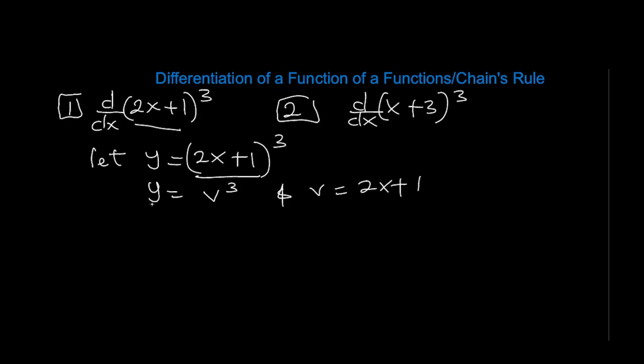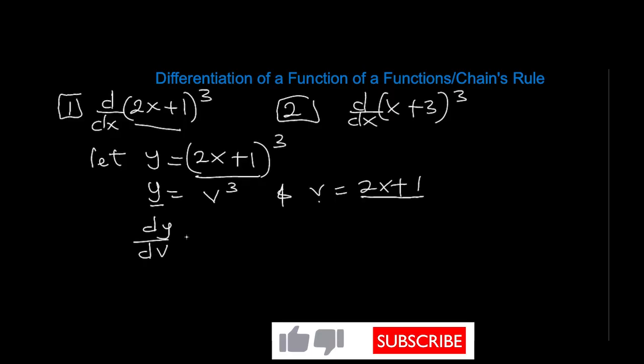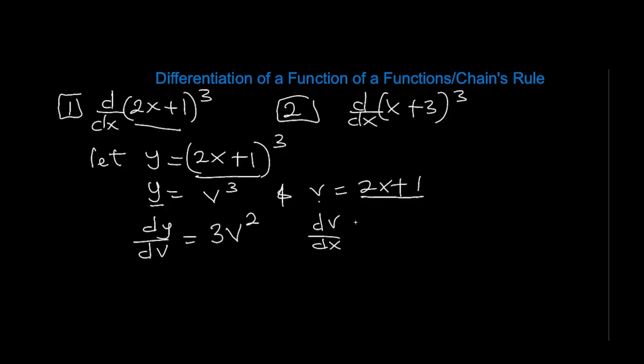So in this case, y is a function of v, and at the same time, v is a function of x. You now differentiate y with respect to v, and that will be equal to 3v squared, the power goes to the front, and then the power minus 1. Then you also differentiate v with respect to x, and that will give you 2.